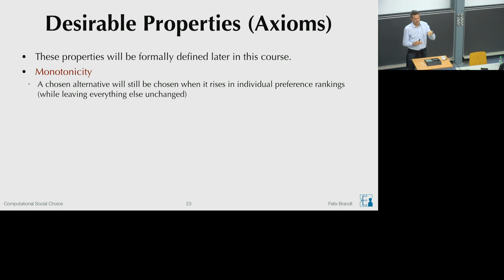We don't necessarily need to move it on top of the preference ranking of one voter, but we only make it stronger in the sense that it is now better than more alternatives than in the original preference profile. And then the consequence of this axiom is that this alternative should still be chosen.